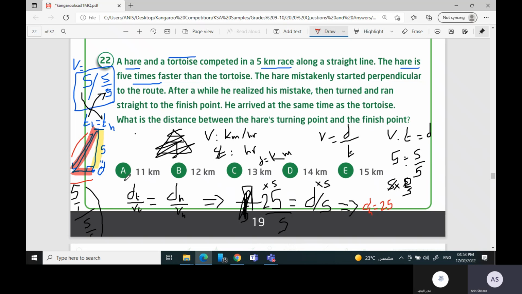Of course, if we started with 11, we need to write 5 power 2 plus this side. If this side is 11, then this side must complete to 25.